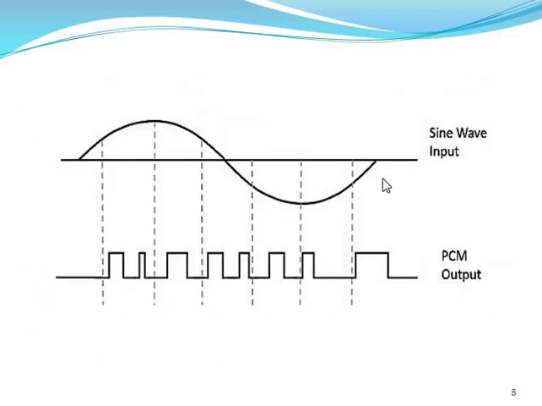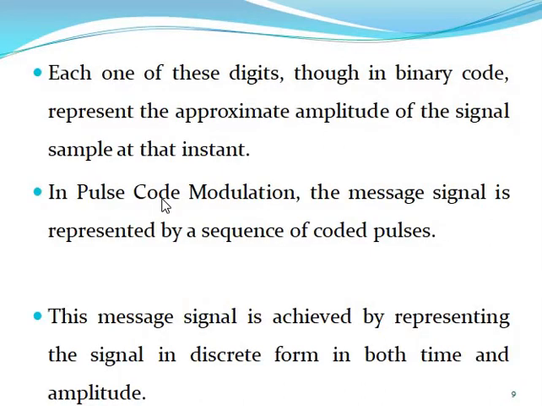This is the input sine wave, the analog signal, and this is the output of the PCM. Each of these digits, through the binary code, represents the approximate amplitude of the signal sampled at an instance.